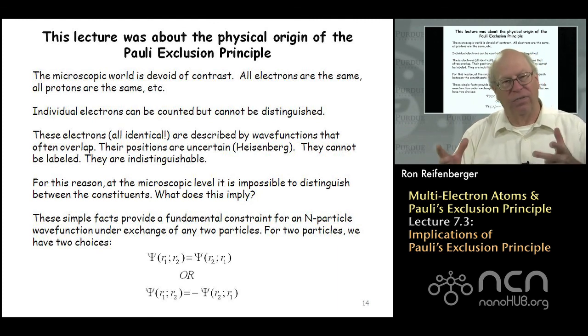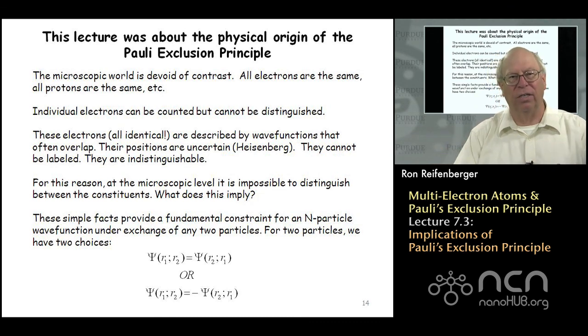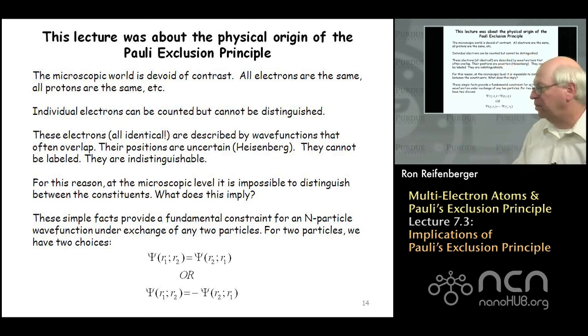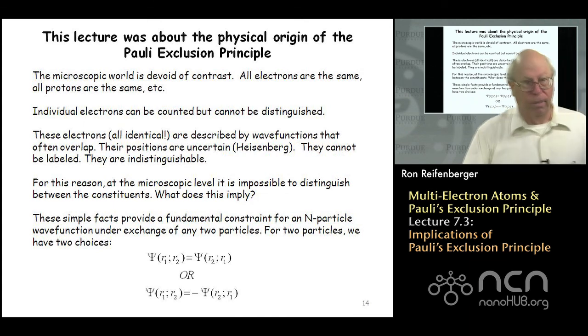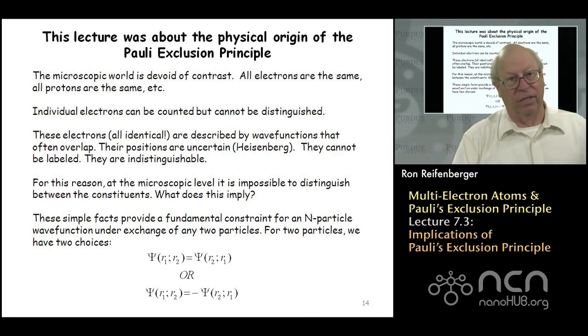So we'll take this very general discussion and start to apply it to specific cases, and we'll find out that electron wave functions have to satisfy this condition here for them to be valid. And this condition here is essentially equivalent to the Pauli exclusion principle. So that's going to be the topic of the next lecture.